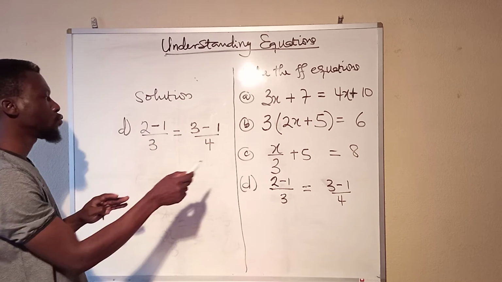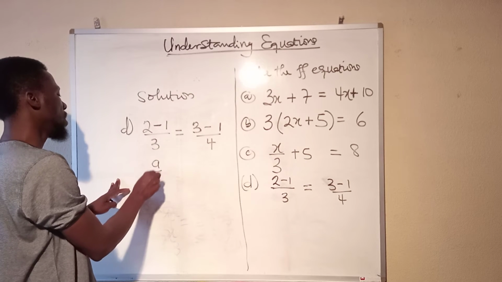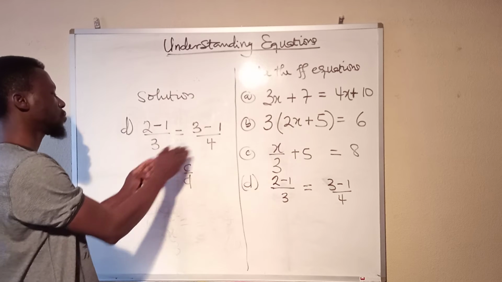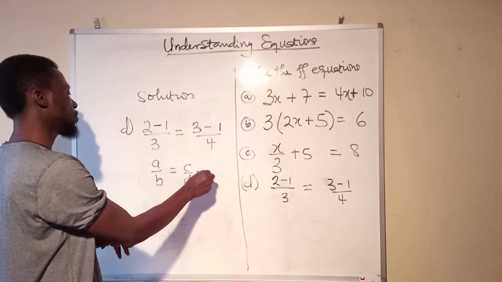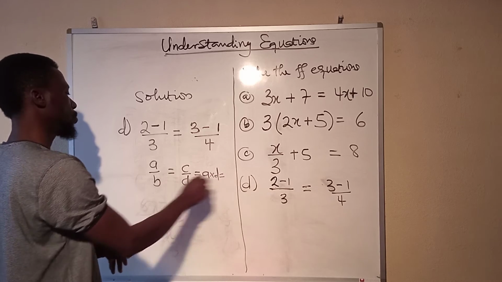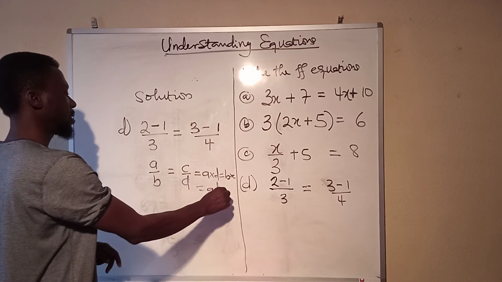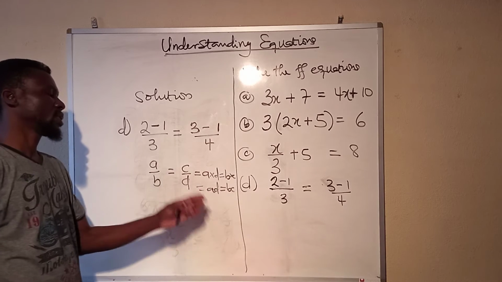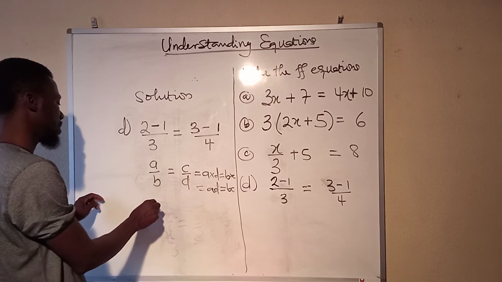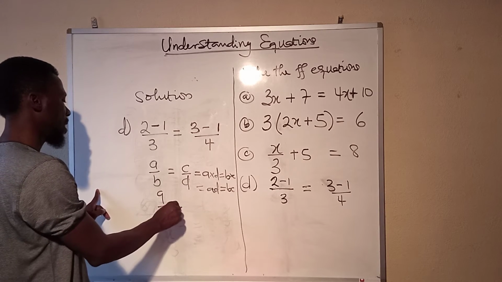Then we multiply 2 by 12. That's one way. The other way is that if you have A over B is equal to C over D, whenever one fraction is equal to the other fraction, then it follows that A times D will be equal to B times C. That is to say AD is equal to BC. For instance, let me have 9 out of 6.